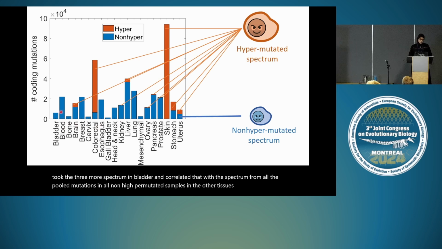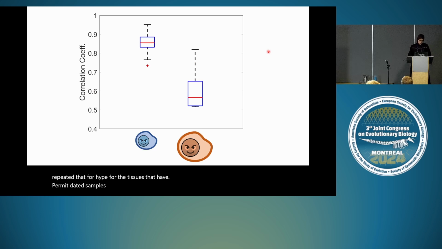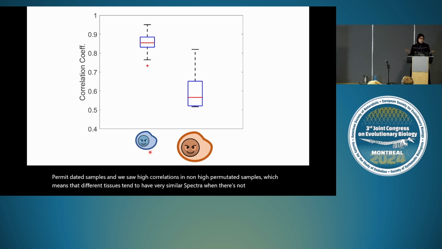And we repeated that for blood, for bone, for brain non-hypermutated samples, and so on. And then we repeated that for the tissues that have hypermutated samples. And we saw high correlations in non-hypermutated samples, which means that different tissues tend to have very similar spectra when there's not a very high mutation rate, as opposed to hypermutators, which show lower correlations, so the spectra are less similar.